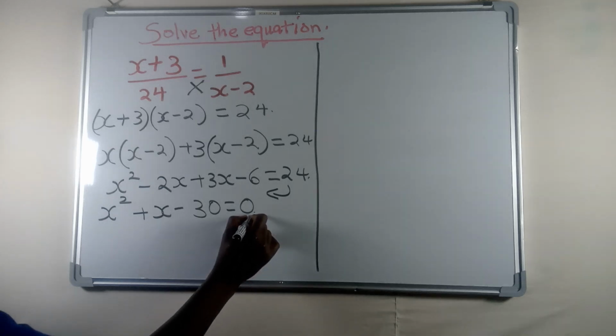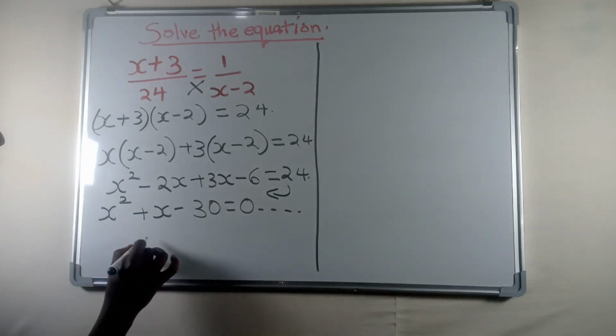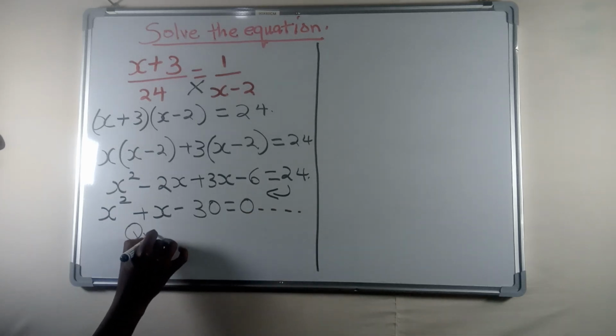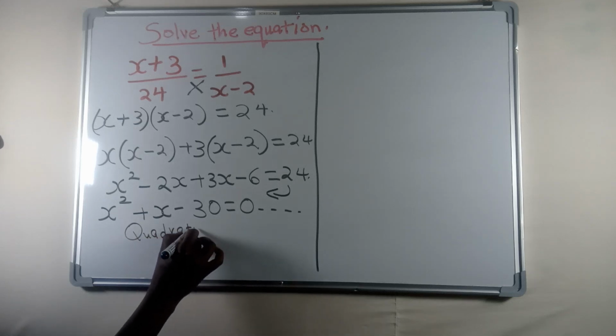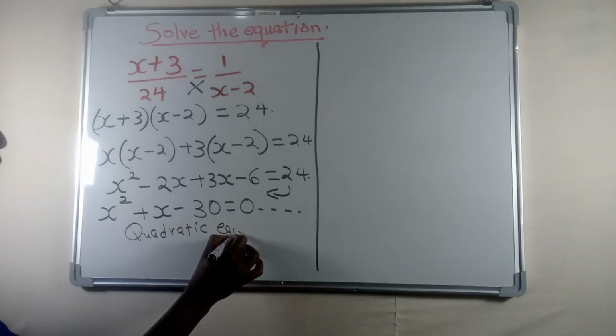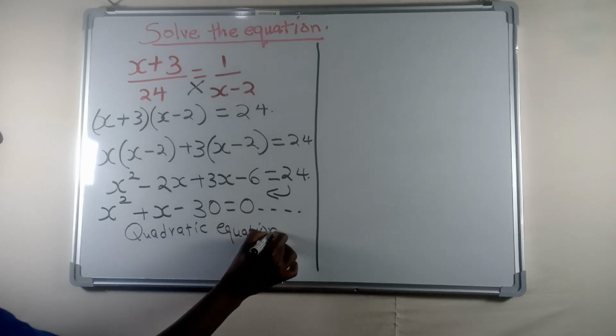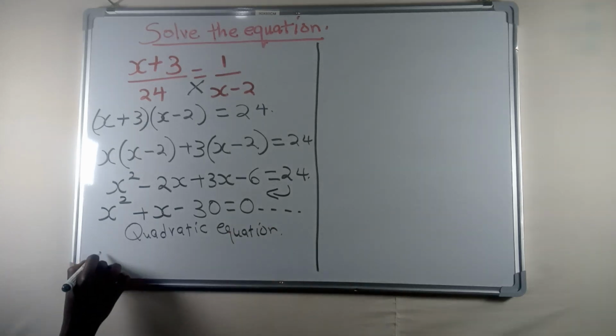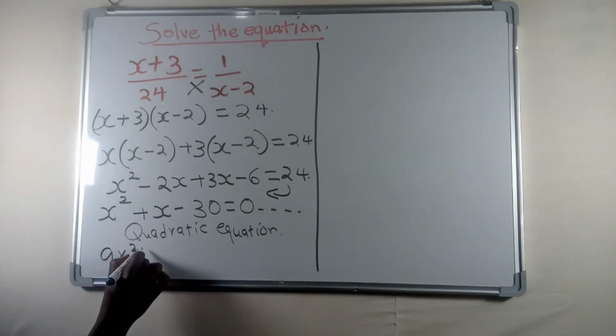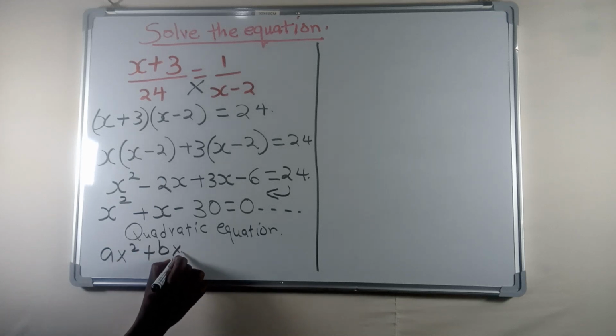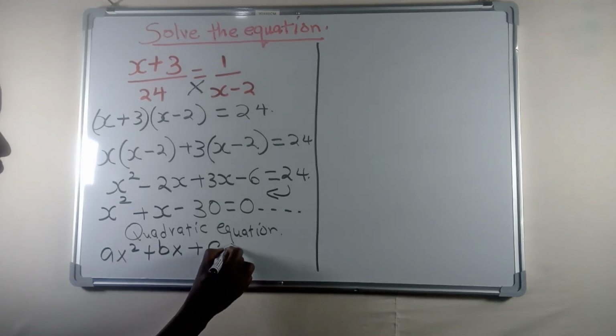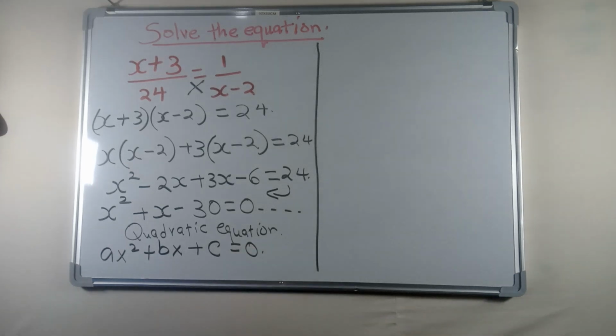So that has given us what we call a quadratic equation. It has formed a quadratic equation. And a quadratic equation is always written in form of ax squared plus bx plus c is equal to 0.